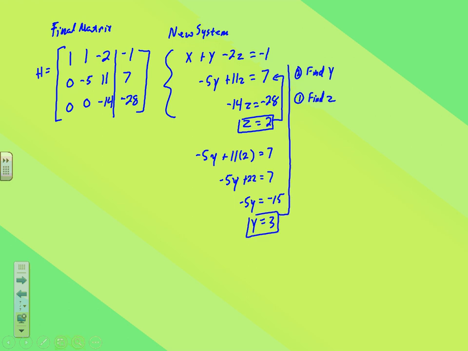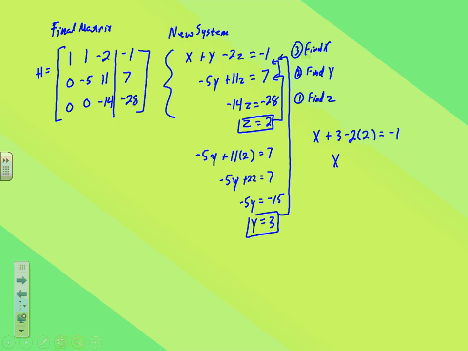So I'm going to take this and stick both of those numbers into the first equation, and now I'm going to find x. So that's going to give me x plus 3 minus 2 times 2 to be equal to -1.